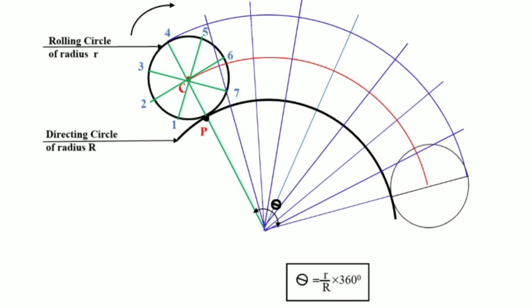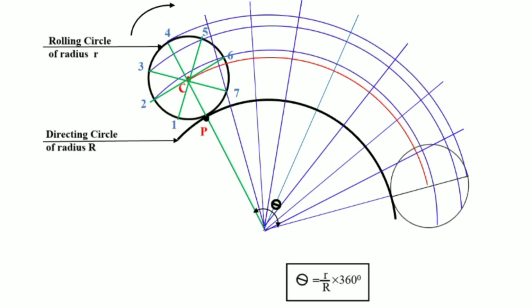So after getting the center line path, you can draw paths from different respective points. Like you can take point O as center and O to 3 as the radius, you can draw an arc here. Like that you get this one: O to 2 as the radius and O as center, draw another arc, you will get this path.